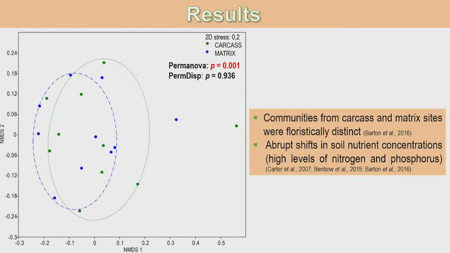So we found that the species composition differed significantly between carcass and matrix sites, and we also didn't find any significant variance in dispersion, so we can confidently say that these communities differed significantly. And these significant differences in plant community assemblages are likely due to the differences in soil nutrient concentration.